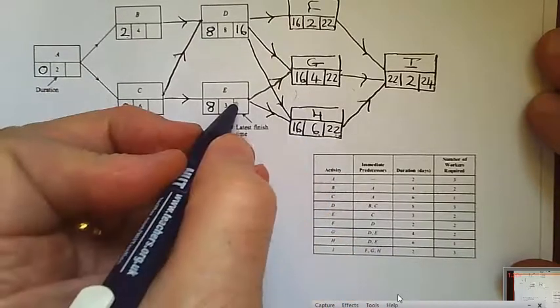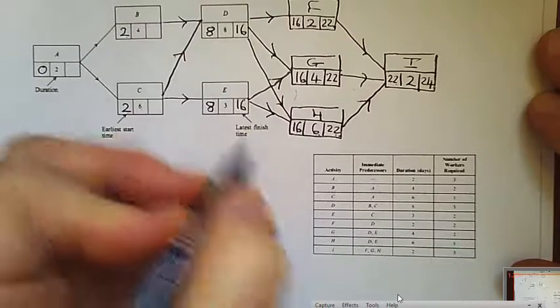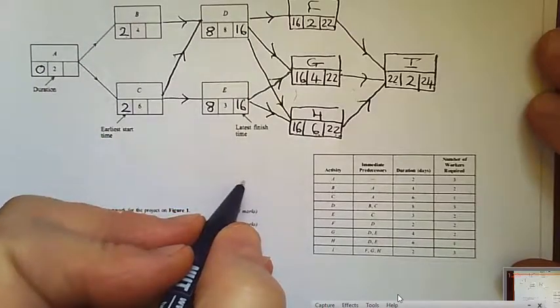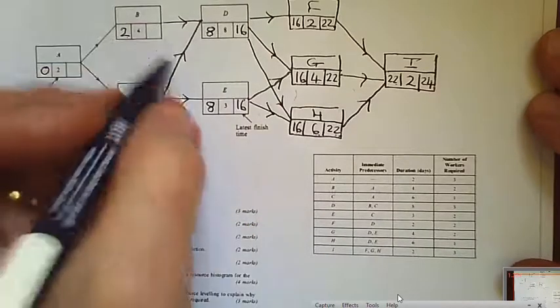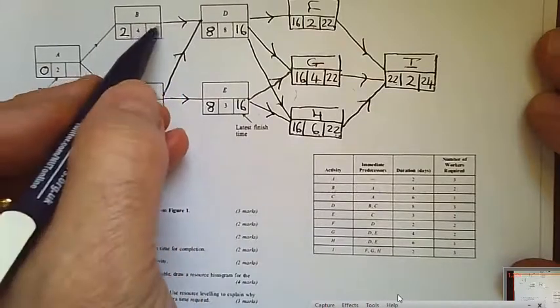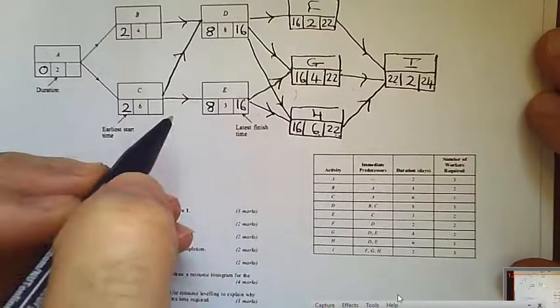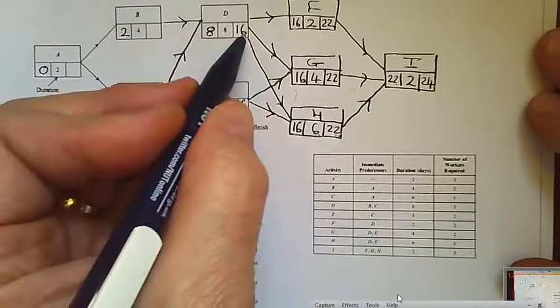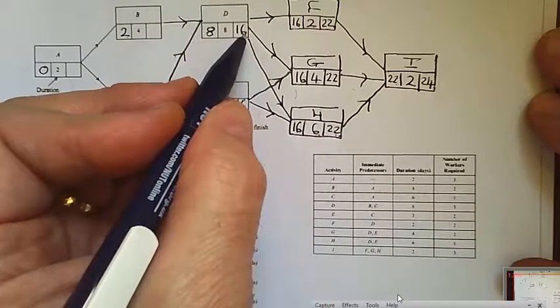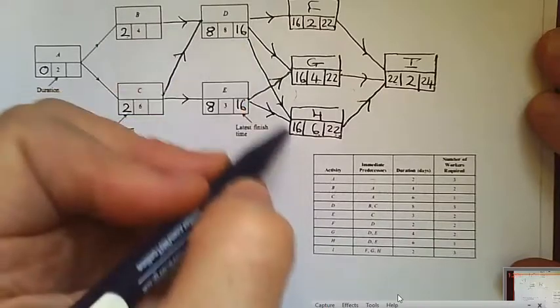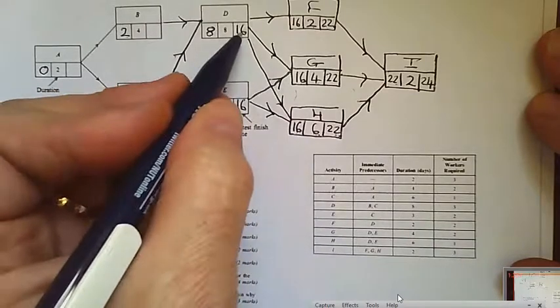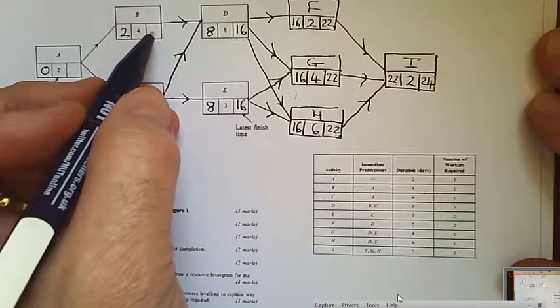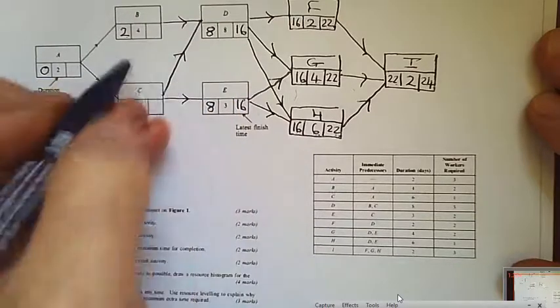And again, we go with the smallest, so we put 16 in there. For B, well, B only precedes D. D needs to start at 8, because it needs to finish at 16. So B could finish at 8.